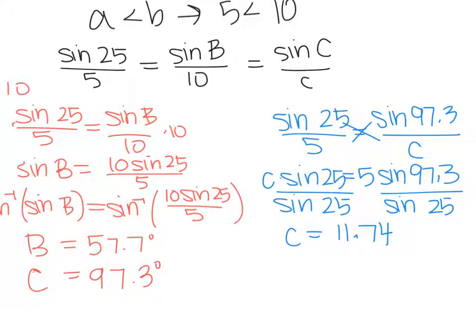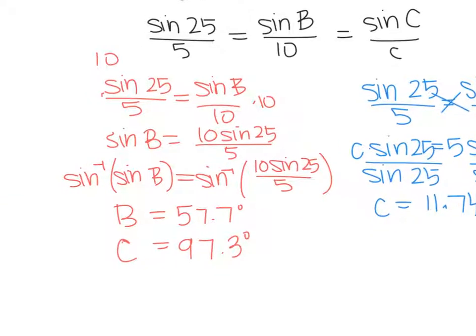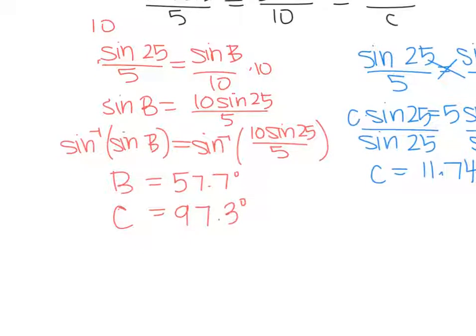So now we have to figure out the second possible solutions for angles B and C and side C. So in order to do this, we go back to when we took the sine inverse of 10 times sine of 25 over 5. So your calculator is going to give out 57.7 degrees. But there is a second angle that will give us the same ratio for sine for the decimal if we were to find it.